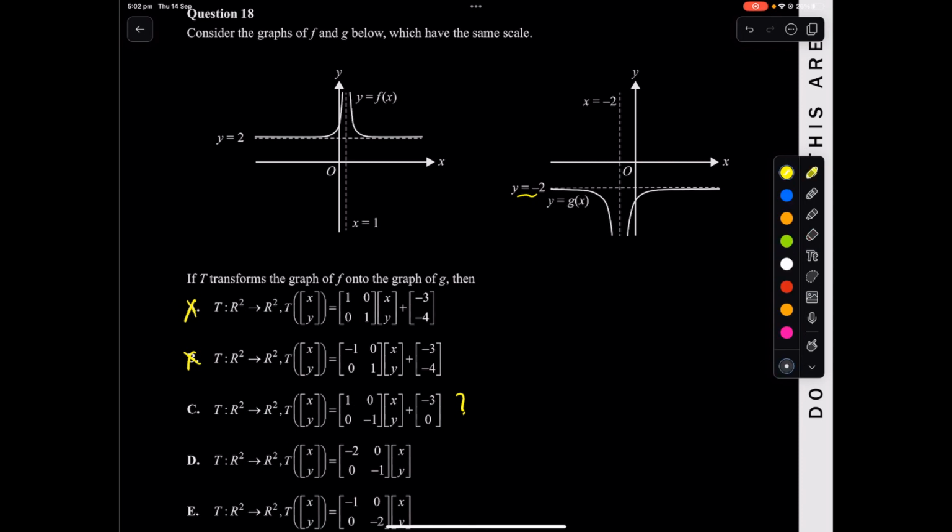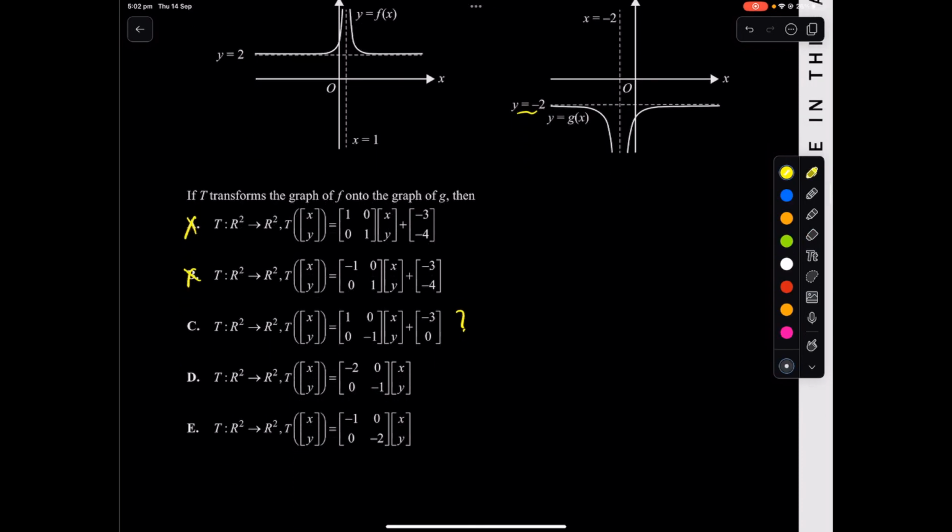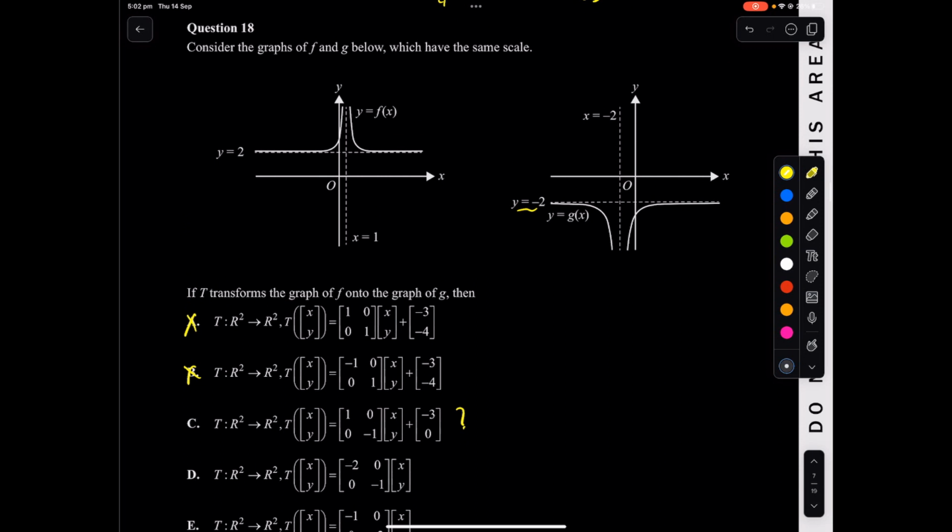Next one. Okay, we have a dilation happening now, and we also have a reflection along the y-axis. So first, the reflection along the y-axis. Let's have a look here. It'll look like this.